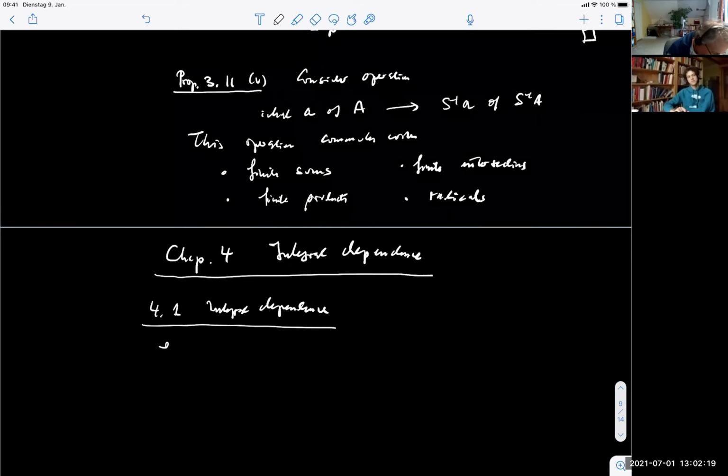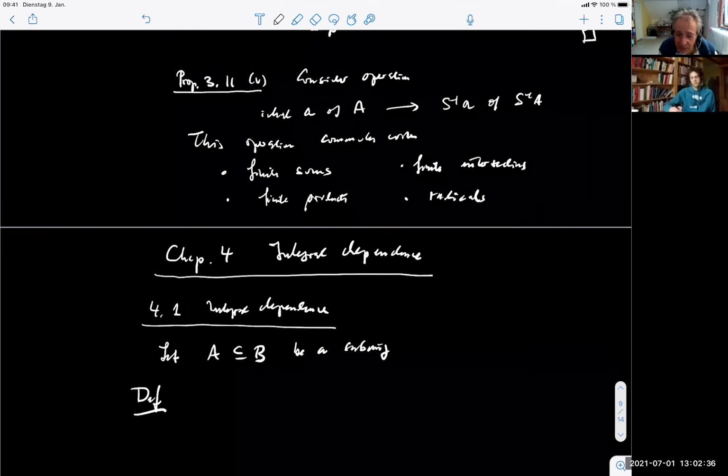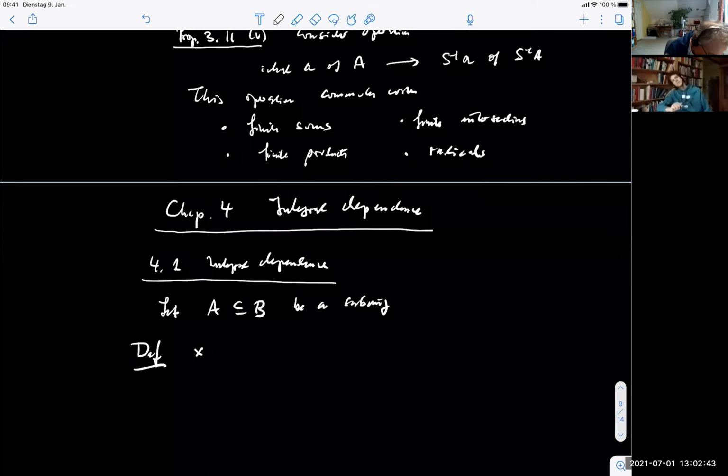So let's assume I have an extension of rings. A is a subring of B. I have a ring B with a subring A. Now I want to define what it means for an element of B to be integral algebraic over A. So I have an element x of B. This is called integral.